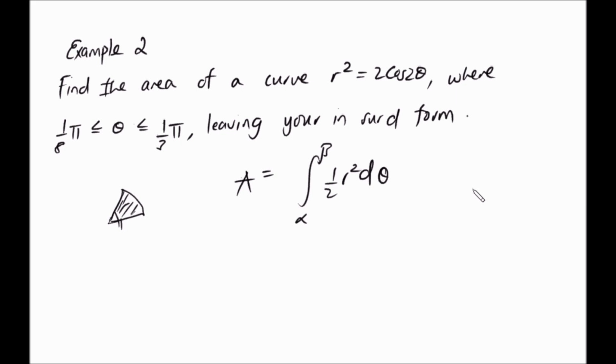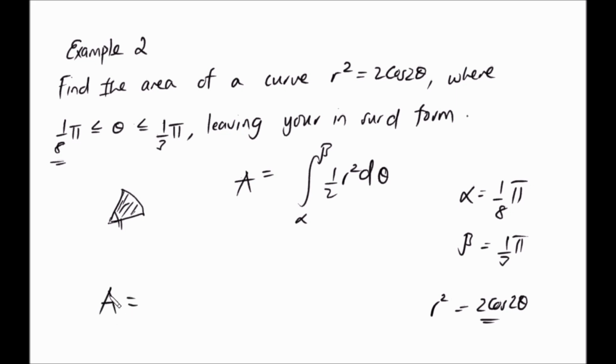So our alpha now is that 1/8 pi, where theta starts, and our beta now is that 1/3 pi. So r squared now will be 2 cos 2 theta. So now let's find A, the area, by using the formula.